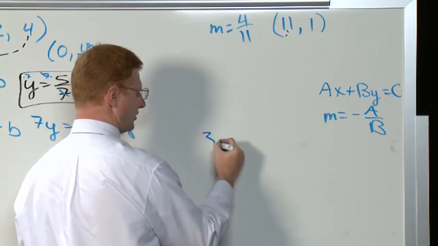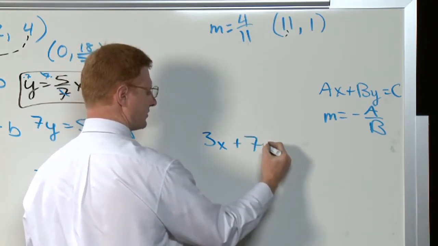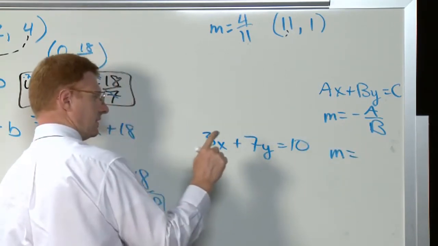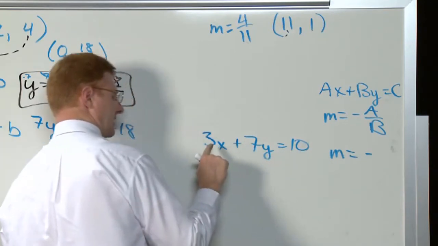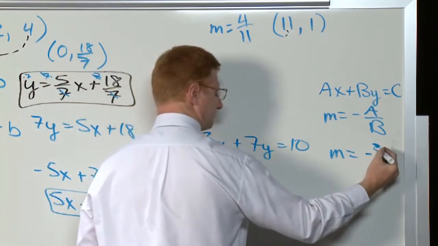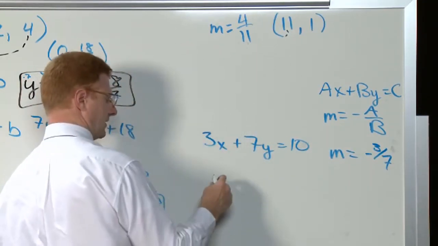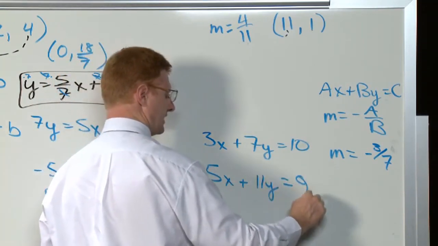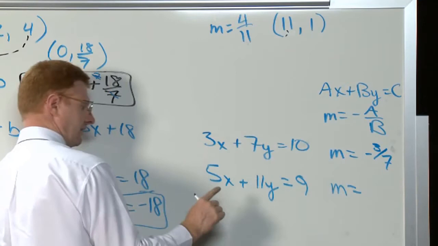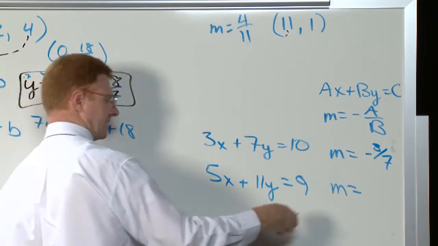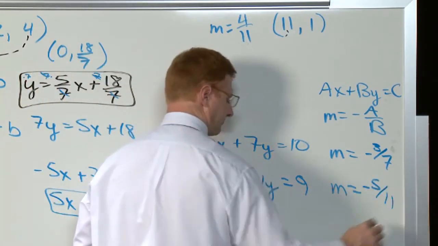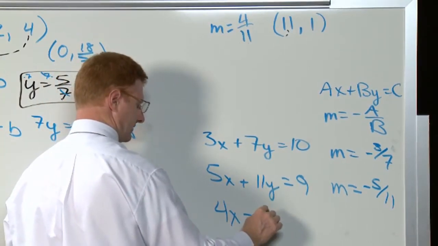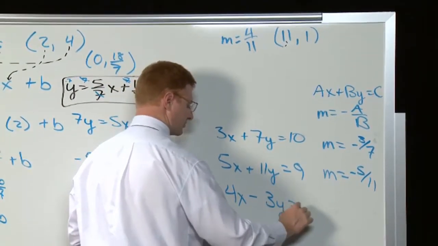So if I have 3x plus 7y equals 10, you remember how to get the slope? Slope would be the opposite of 3 over 7. That's our shortcut. 5x plus 11y equals 9. Slope would be the opposite of this guy over that guy. 4x minus 3y equals 12.